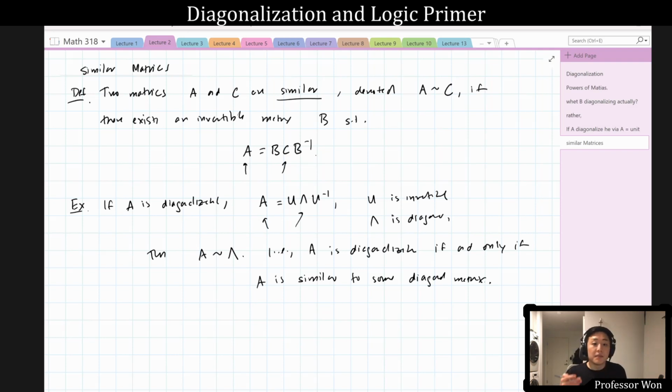And these things are called similar matrices because somehow they behave similarly. The reason they behave similarly is because C basically records what A does with respect to some different basis, just like in our diagonalizability example. If you pick a different basis, the basis whose vectors are the columns of B, then A acts like the matrix C. That's really what's happening here.